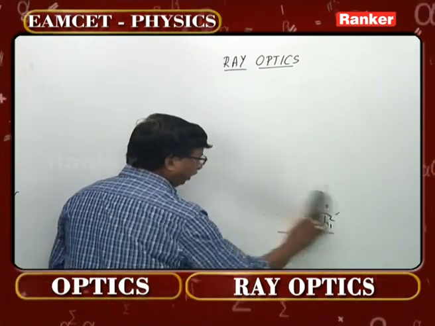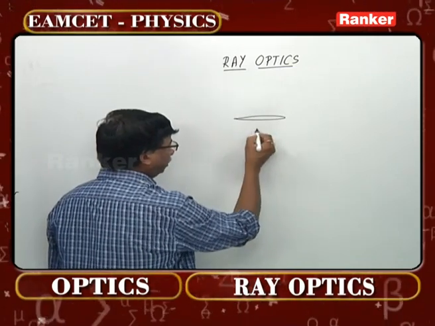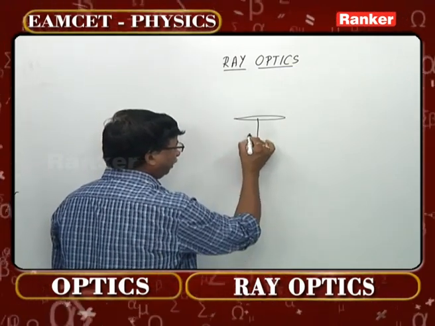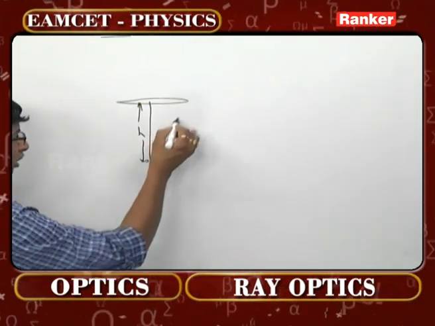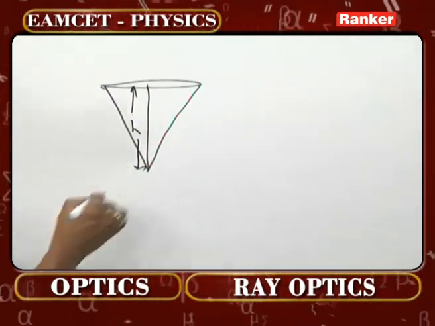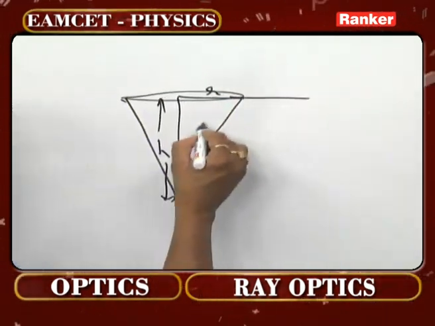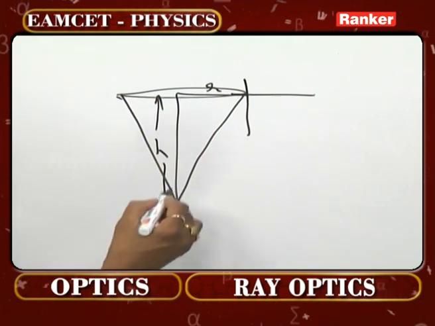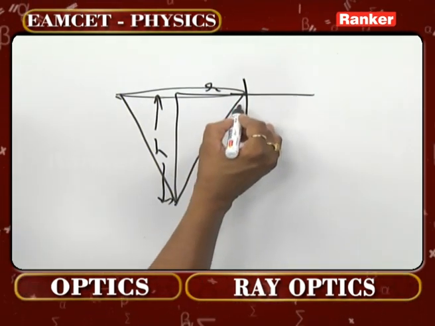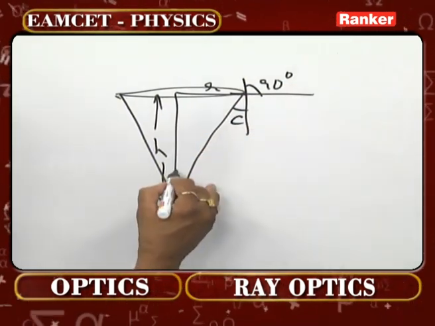Likewise, whenever we take a small application of this, a fish is under water at a depth, say h, from the surface of water. It is looking into the outside world through a circular aperture like this. Then the radius of the circular aperture they may ask you to calculate. Now here you should understand this must be 90 degrees, which means this angle must be the critical angle.